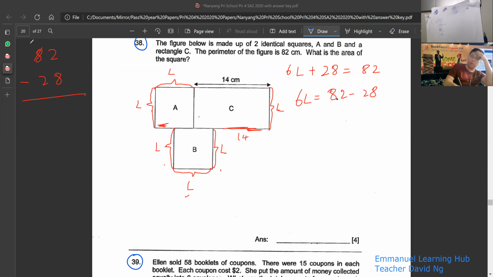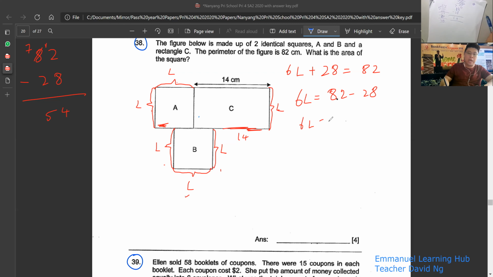Cannot, you borrow. 12 minus 8 is? 12 minus 8 is how many? Five, 4. 54. So 6L is 54.